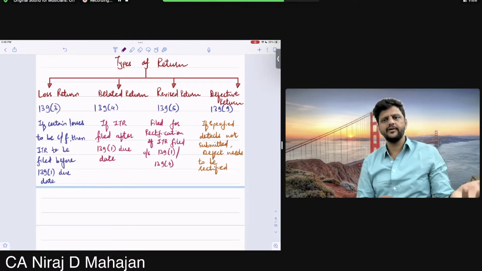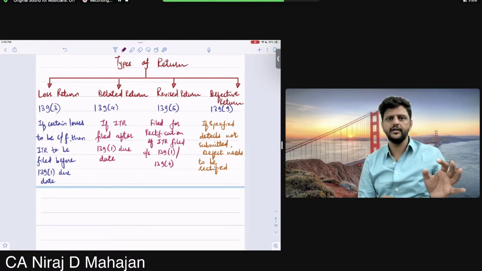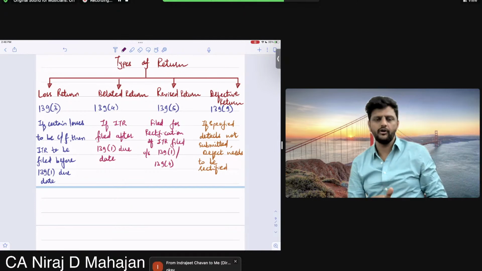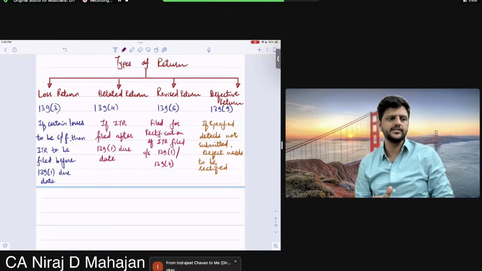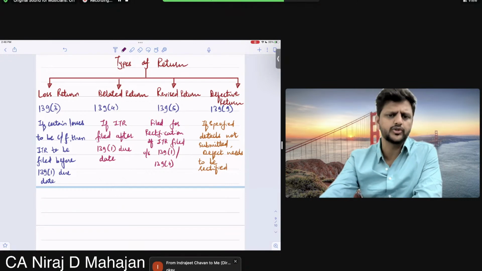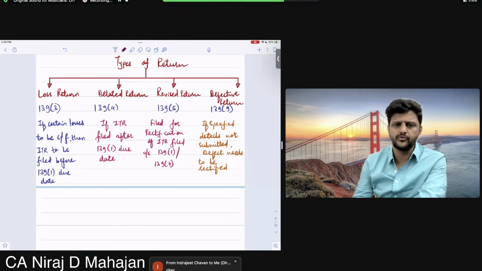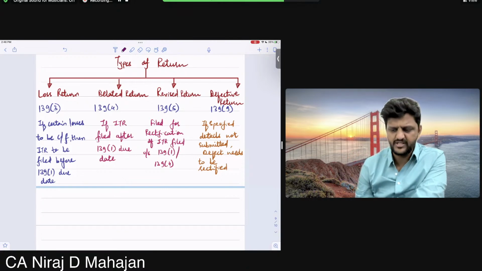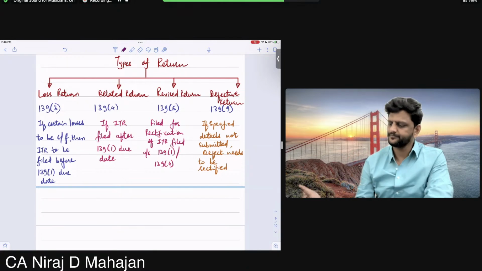So in a way, revised return is definitely voluntary, defective is from the officer. He told you that these details are missing in the return. Revision is for a wrong entry or omission also, but you have done it voluntarily, you have noticed the mistake.